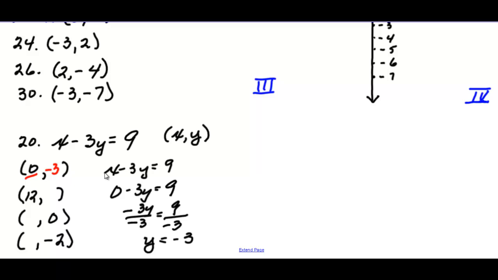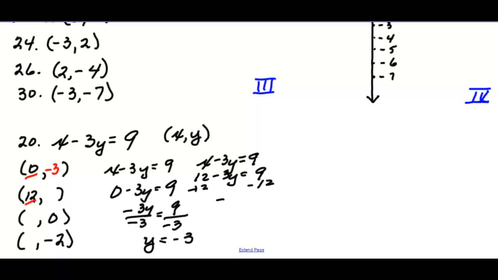Now let's take a look at the second one. In this particular case, now in the x position, we're going to put the number 12. We rewrite our formula again, x minus 3y equals 9. And this time we put in 12 minus 3y equals 9. So we have to subtract 12 from both sides.